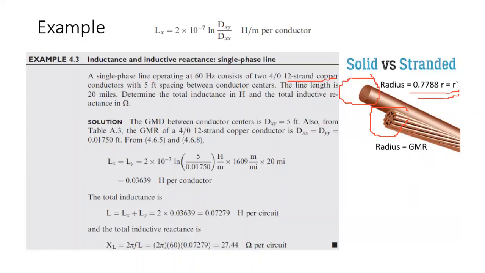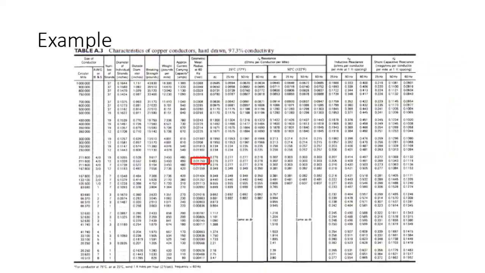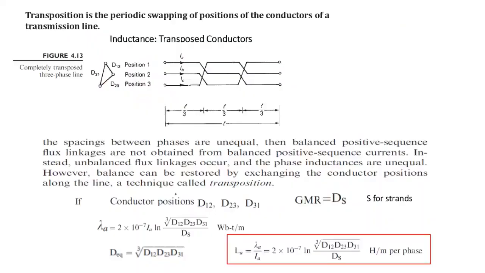A3 is for conductors in your textbook. Table A3 is for copper. Table A4 is for aluminum.